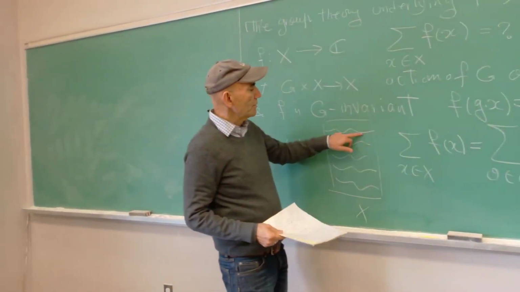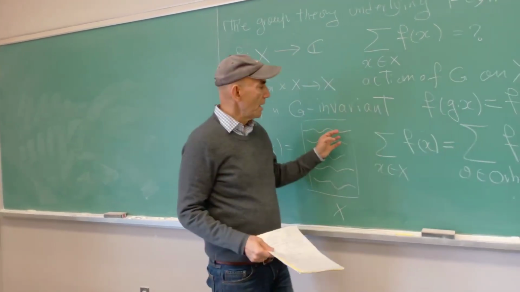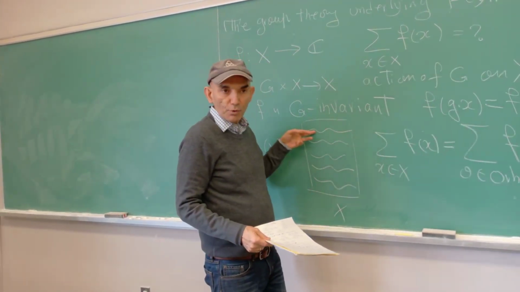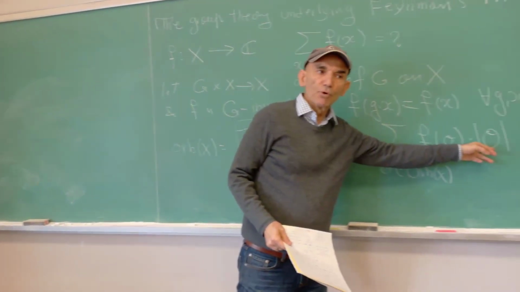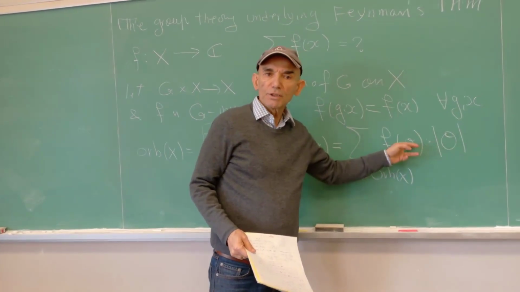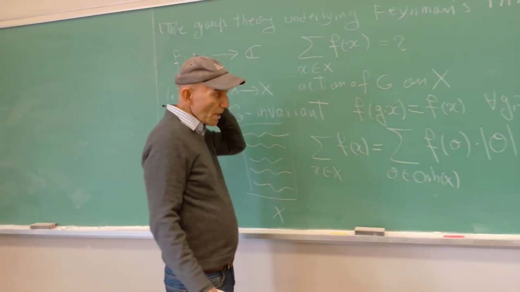Because you pick a value, we call it f(O), for each orbit, but then there are so many other points that have the same value. So you multiply by the size of the orbit.